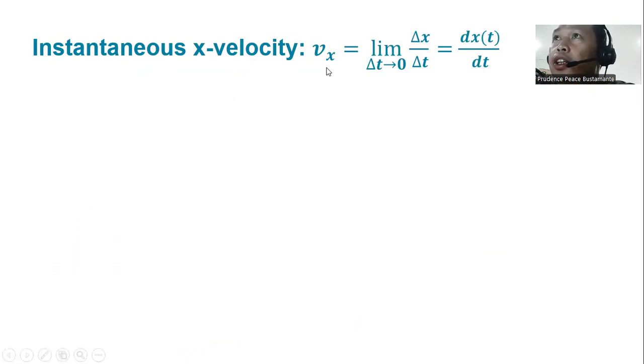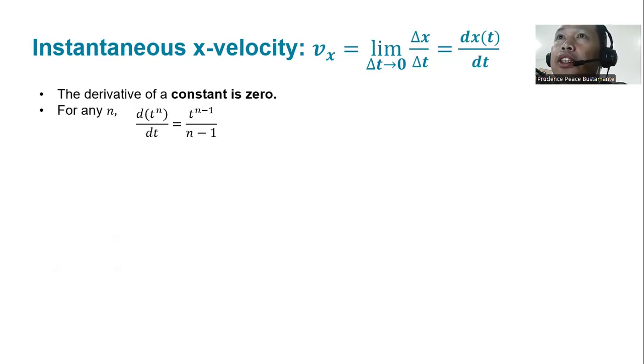The instantaneous x velocity is equal to the limit of the average x velocity, which is displacement over the time interval, as the time interval approaches zero. In another term, we call this the derivative of position as a function of time, dx over dt.